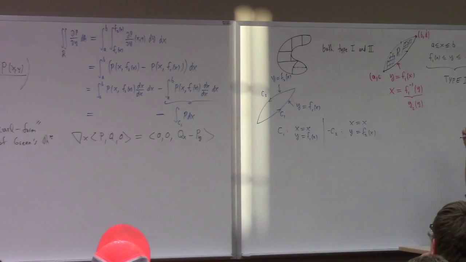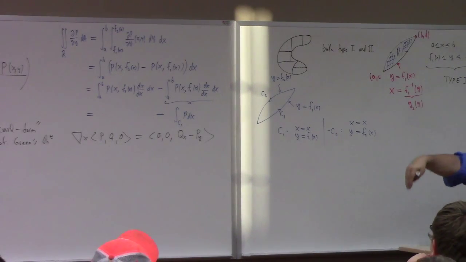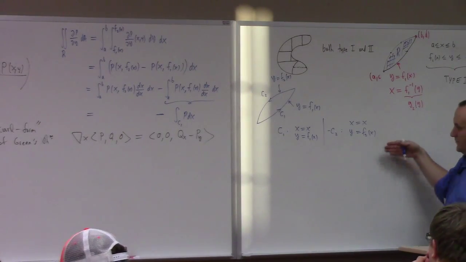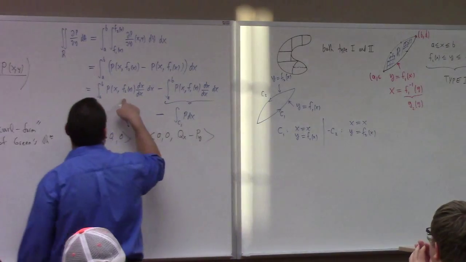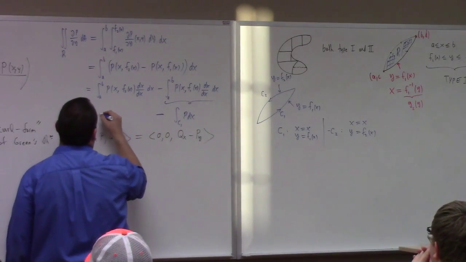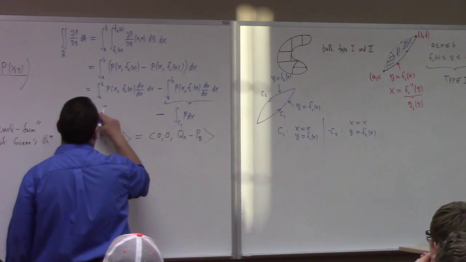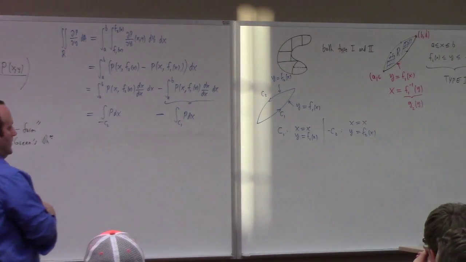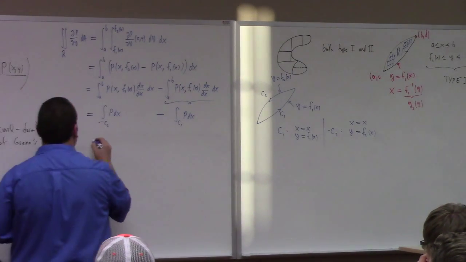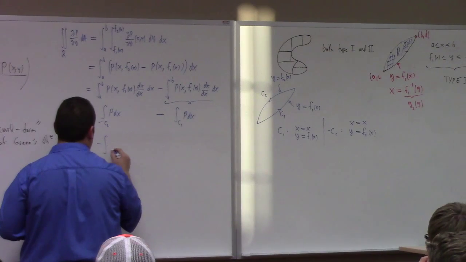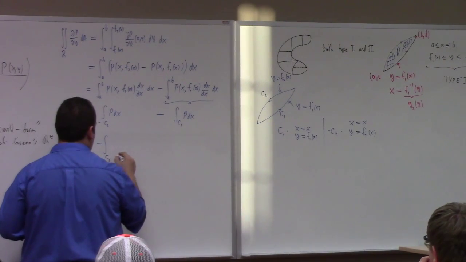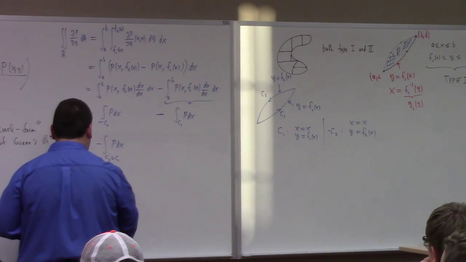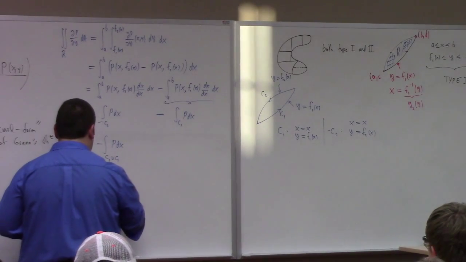C2 is going in the negative direction, so minus C2 has x going in the right direction, so I can use x as a parameter. With respect to that notation, this is precisely the integral over minus C2 of P dx. So what do you have? You have minus the integral over C1 union C2 of P dx. In other words, minus the integral over the boundary of the region of P dx. And there's half of it.